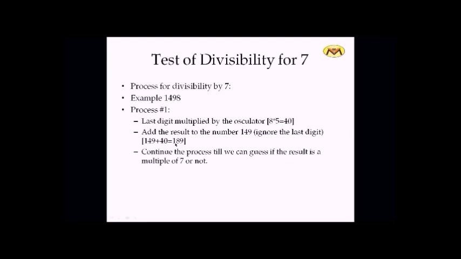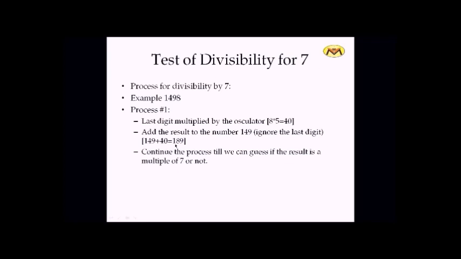We take the units place 9, and multiply it again with the oscillator: 9 times 5 is 45. We add 45 to the remaining part, that is 18. So 45 plus 18 is 63, and since 63 is divisible by 7, the entire number is divisible by 7.